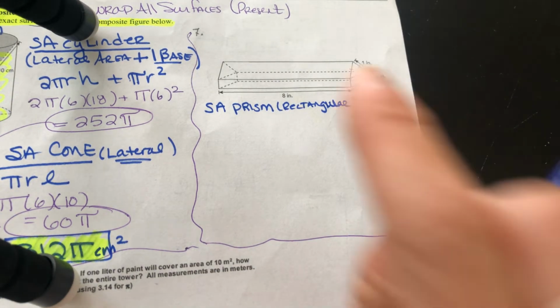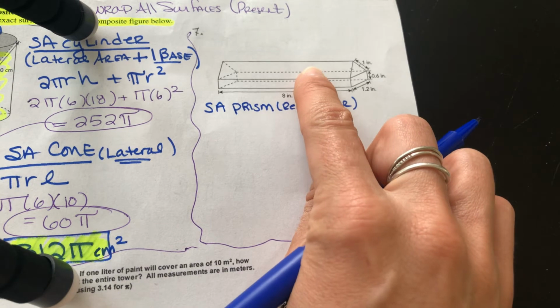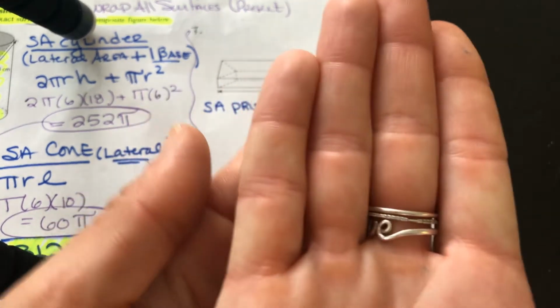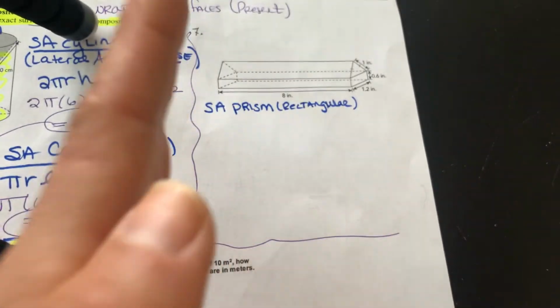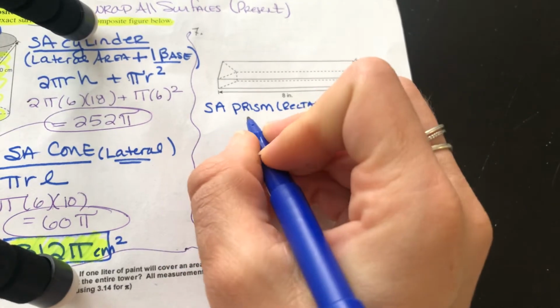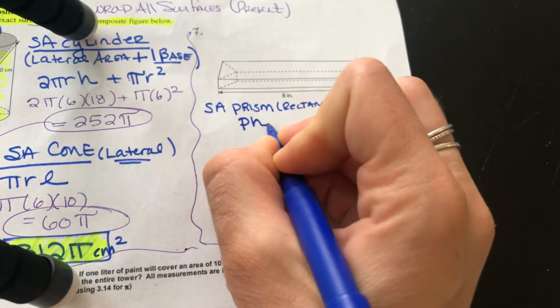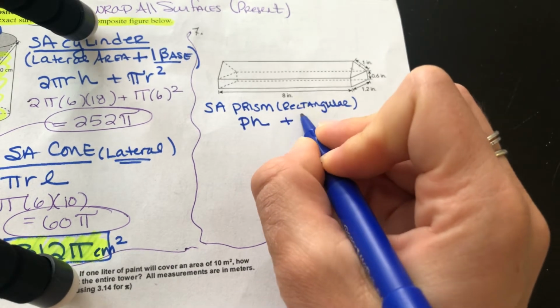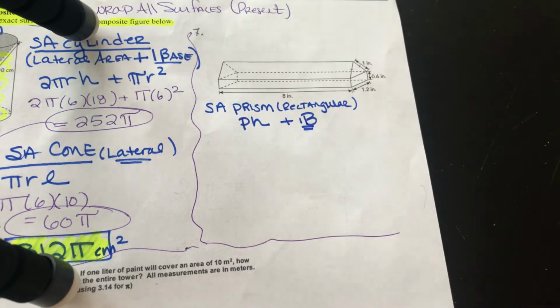You only have 1 base because the triangular prism is on top of it. And if you think about wrapping a present, you have 1 base, you're coming up the sides left and right, you're coming up the front and back, you're not covering the top. So again, we're going to take P times H. If you're not sure, go back to your notes, plus just 1 base. So that's the difference here.